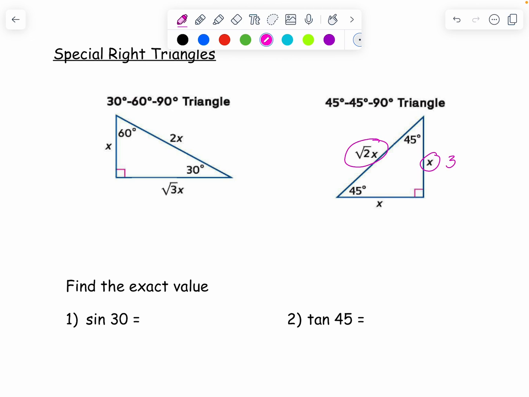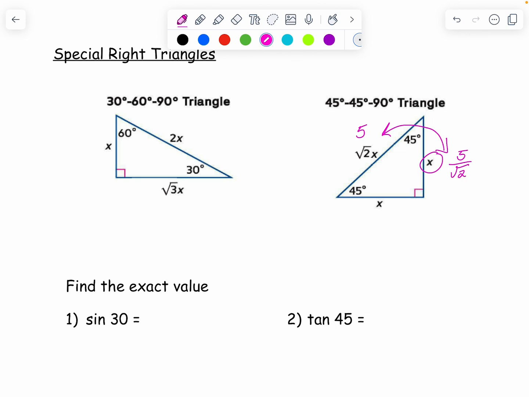So if we've got these as nice, neat numbers, let's say this is 3, then that means this would simply be 3 times the square root of 2. That's nice and easy. Where we have to be careful is if we've got just a normal number here, let's say this is 5. To go from this side to this side, I multiplied by the square root of 2, which means to go back, I need to divide by the square root of 2.